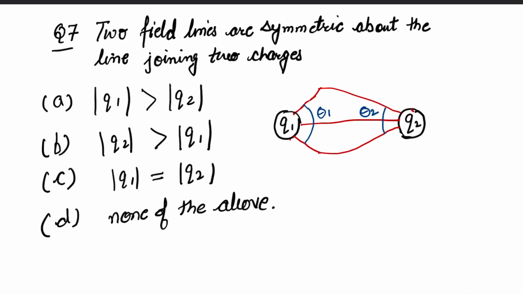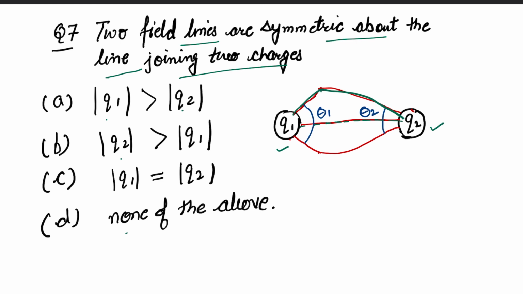Question 7. Two field lines are symmetric about the line joining the two charges. This is the first charge Q1, this is the second charge. This is the line joining the two charges. The field lines are symmetrical about the line joining the two charges. Right? We have to check whether Q1 is greater than Q2, Q2 is greater than Q1, Q1 is equal to Q2, or none of the above.